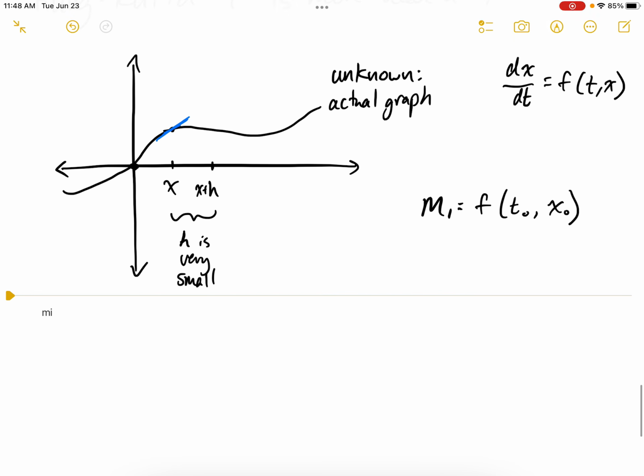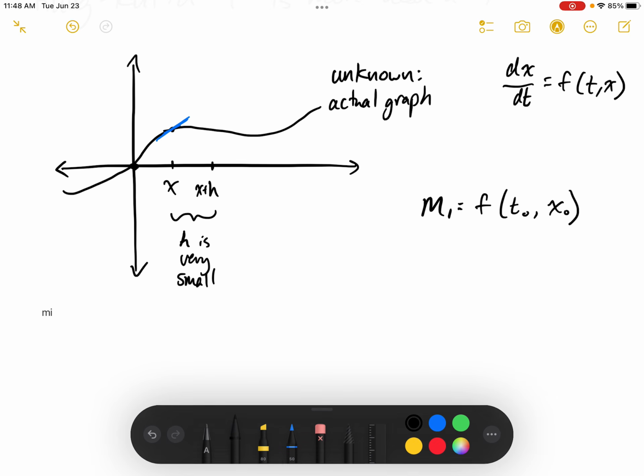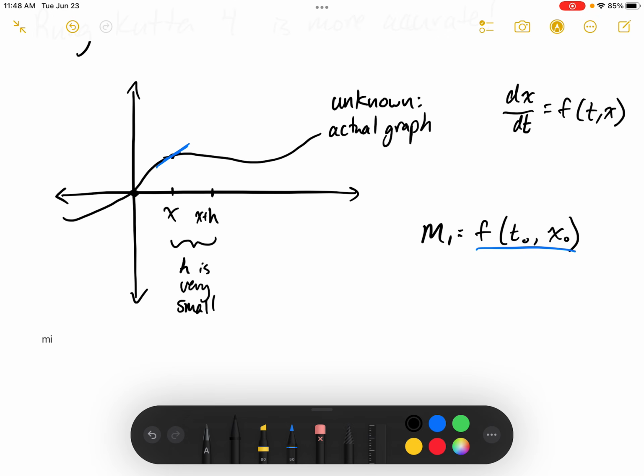This is the one that I've highlighted in blue. Now, we know that this is not necessarily a super accurate slope, but let's pretend to carry out Euler's method.